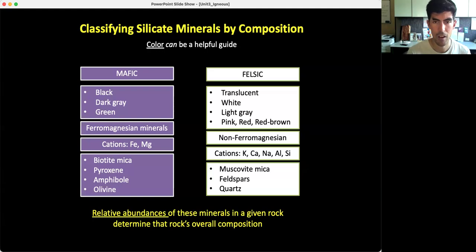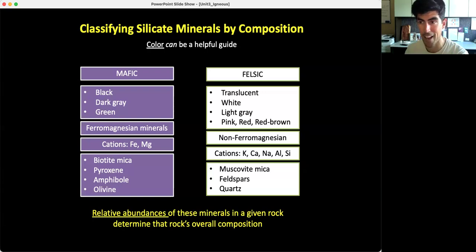These minerals that lead into rocks tend to be richer in iron and magnesium. So I hope that you're already cueing in on the piece of information from the last slide. The types of minerals that we can find for this category are black mica, biotite mica, pyroxene, amphibole, and olivine. We've already talked about olivine several times. It's that green one. Great.